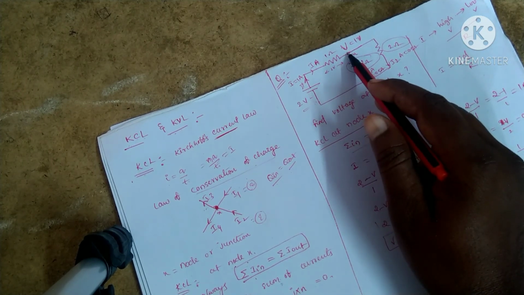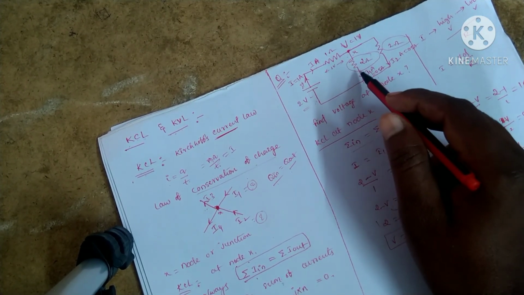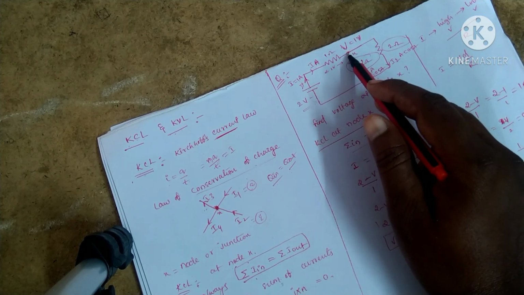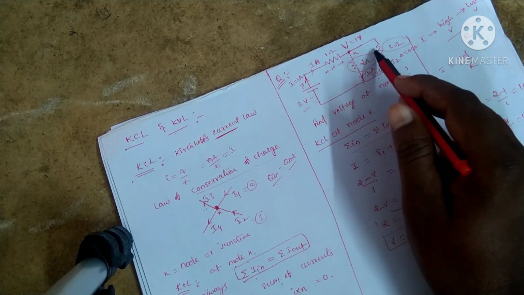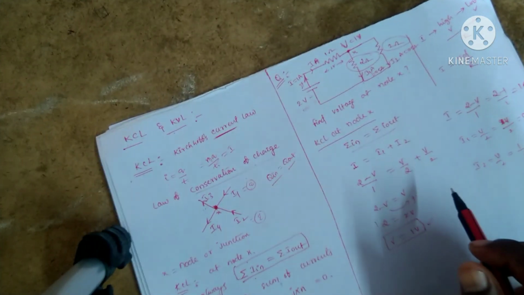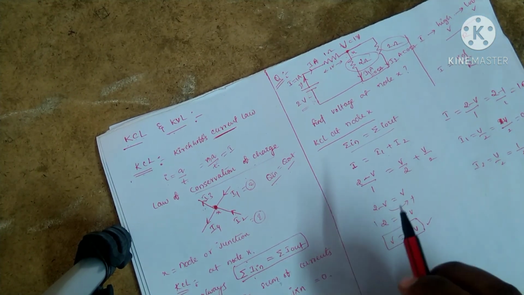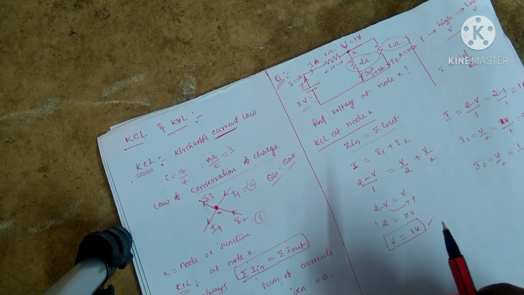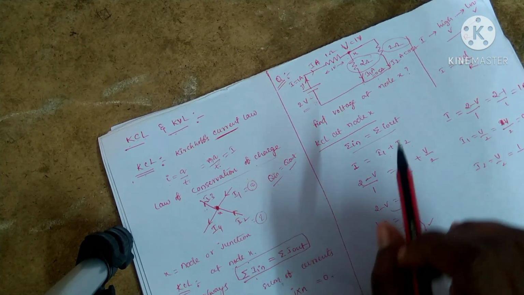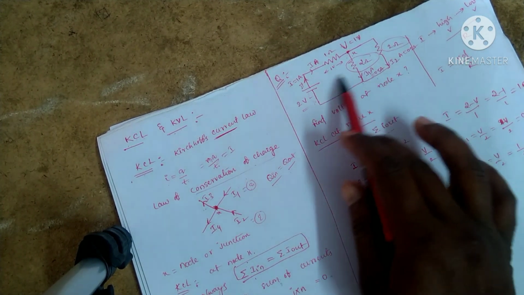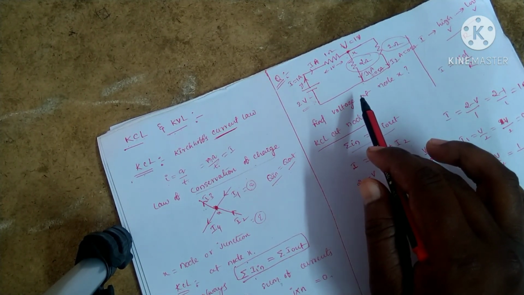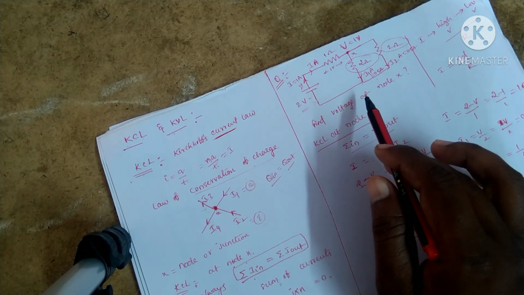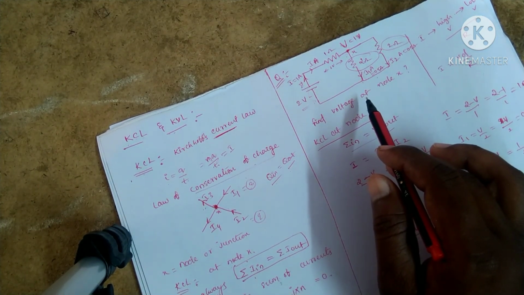In this branch, the voltage source is not present, only the voltage at the node, V by 2. Again similarly V by 2. This is KCL. Already I said KCL is applicable for parallel circuits to find the voltage easily. If you know the voltage, you can find the current directly.